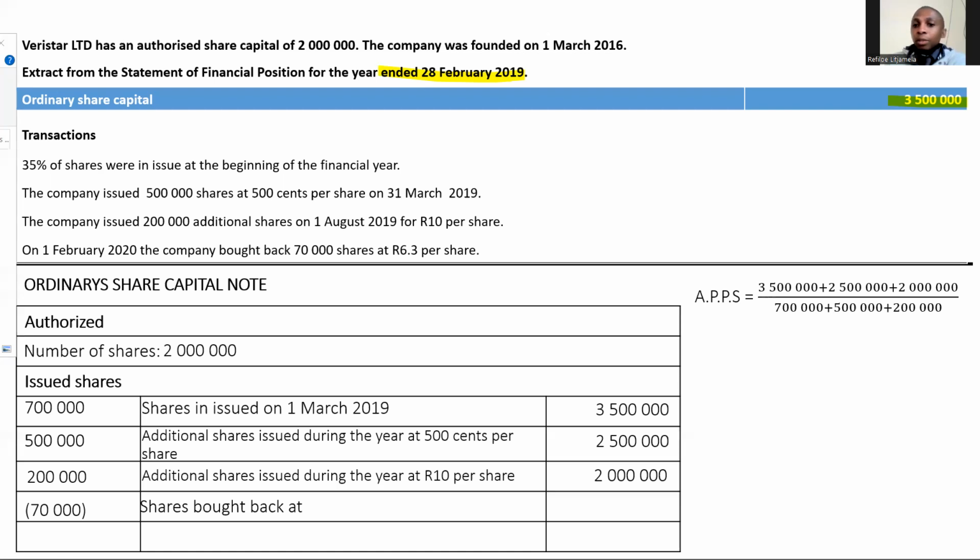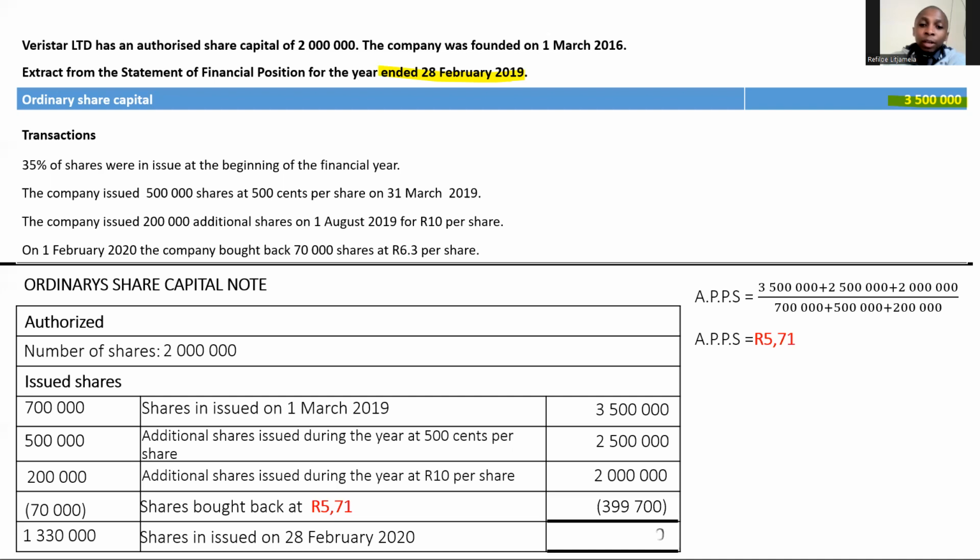And that will simply give me my average price per share of 5 Rand 71, which I'll just put there as the buyback price, and we'll simply put that buyback amount in brackets, which is 399,700. At the end, the number of shares issued will be 1,330,000, and the share capital raised from that will simply be 3.5 plus 2.5 plus 2 million minus 399,700.